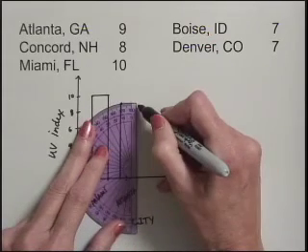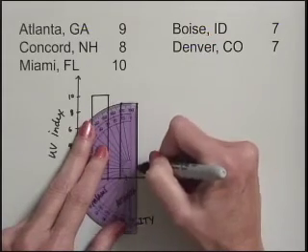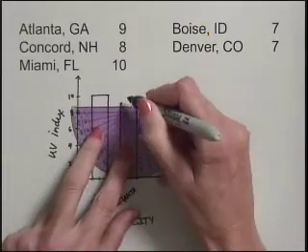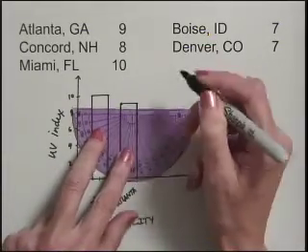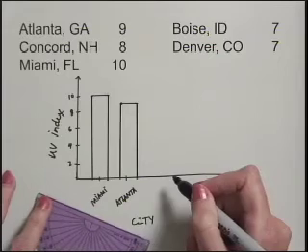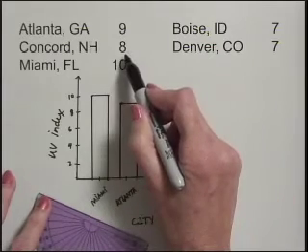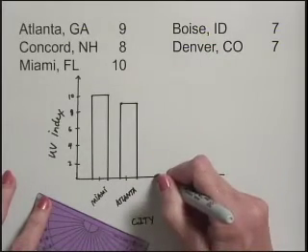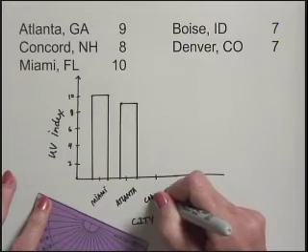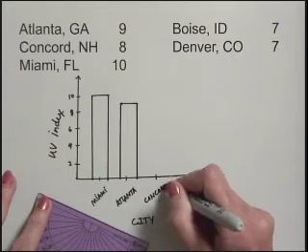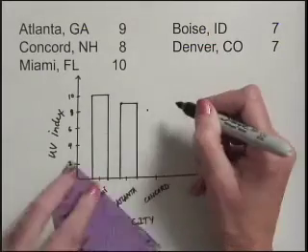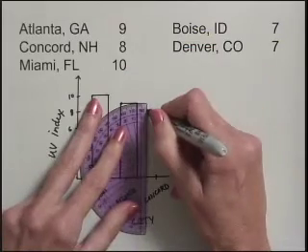One thing you do want to do is try to make the bars the same width so that it's not deceptive in any way. And then go ahead and pick up the value at Concord of 8. So let's move over, label Concord. Go up to the value of 8. Put a bar.